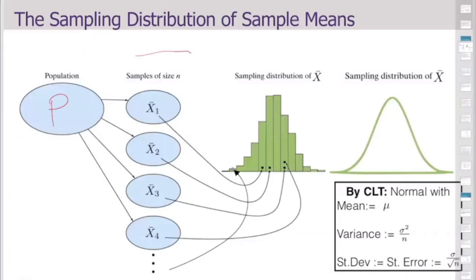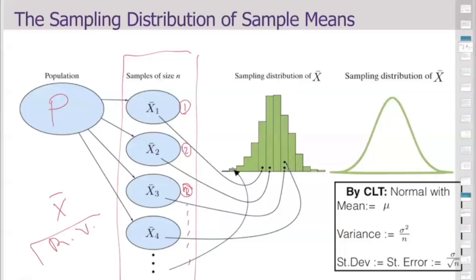When you calculate X bar, the sample mean, from the first sample, it will be completely different from the sample mean in the second one, and you also have a different value in the third one and the fourth one, and so on to the end. So now X bar becomes a random variable.